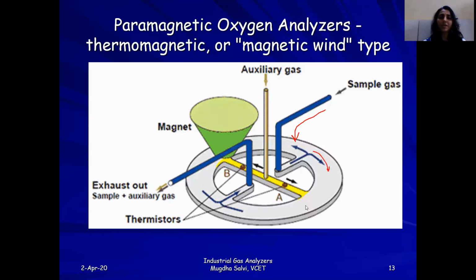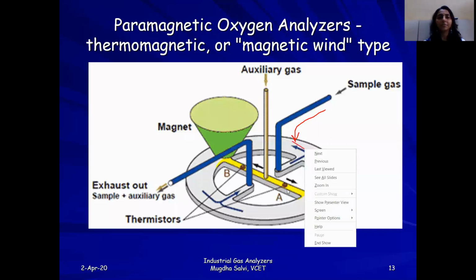When it is moving around, because of the heated element, there will be more cooling gas coming towards the heated element, and that will cause the magnetic wind. And the change in that magnetic wind is the detection of the particular amount of oxygen in the sample.